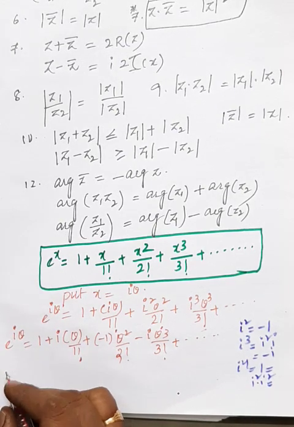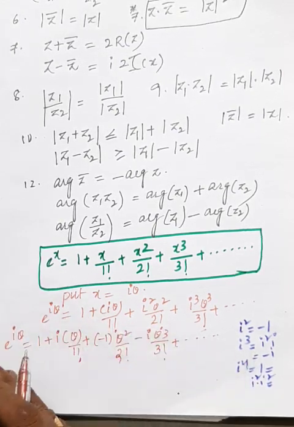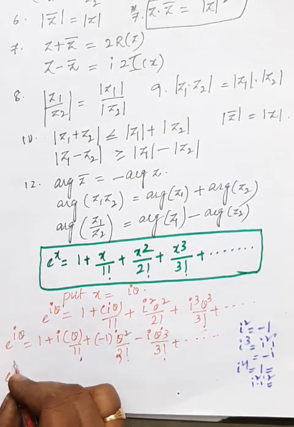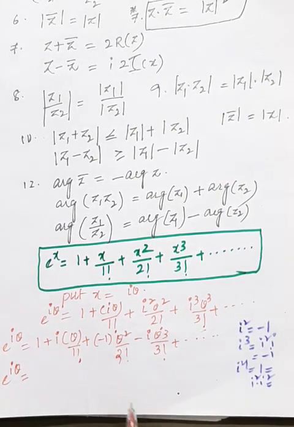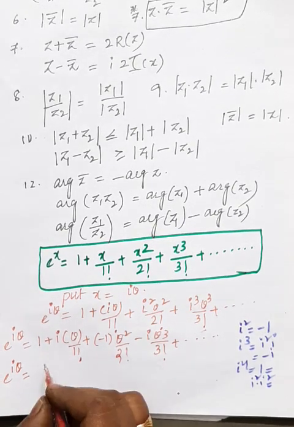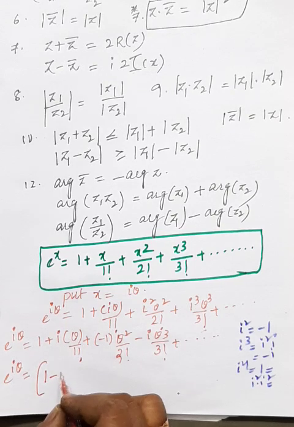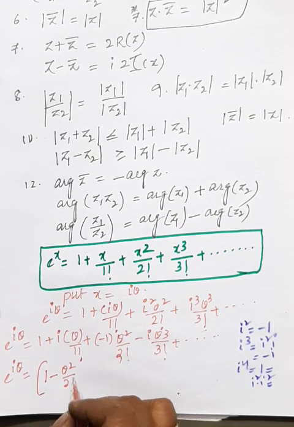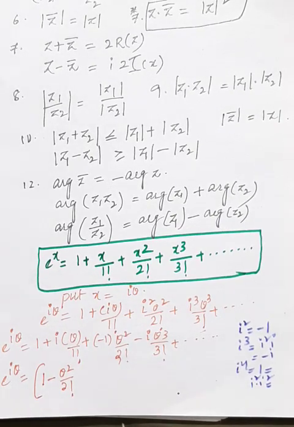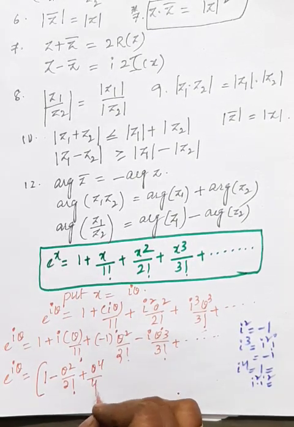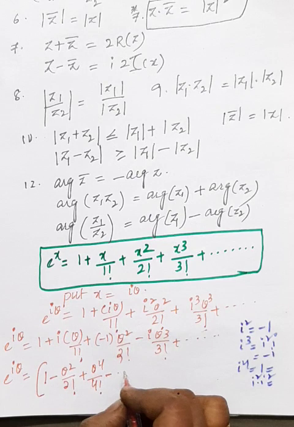Now we can separate the real parts and imaginary parts from this expansion. Therefore e power i theta can be written as real part is 1 minus theta square by 2 factorial plus theta power 4 by 4 factorial plus so on.